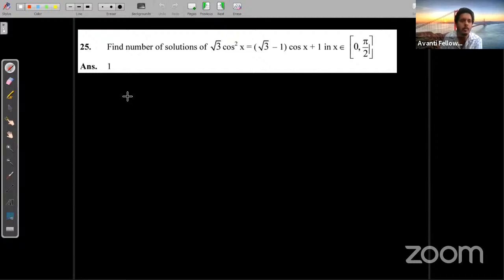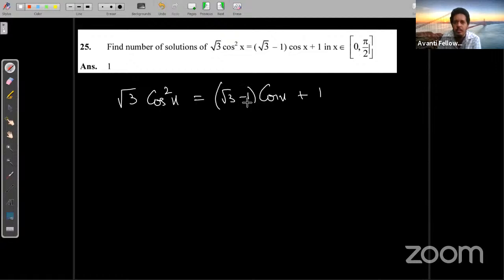Find the number of solutions of root 3 cos square x is equal to (root 3 minus 1) cos x plus 1. Tell me how we are going to do this question, guys.